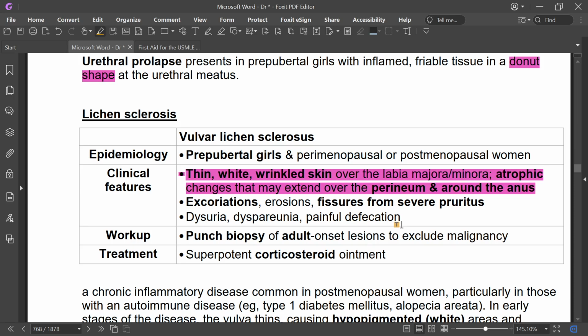Excoriation, erosion, and fissure from severe pruritus may be seen.